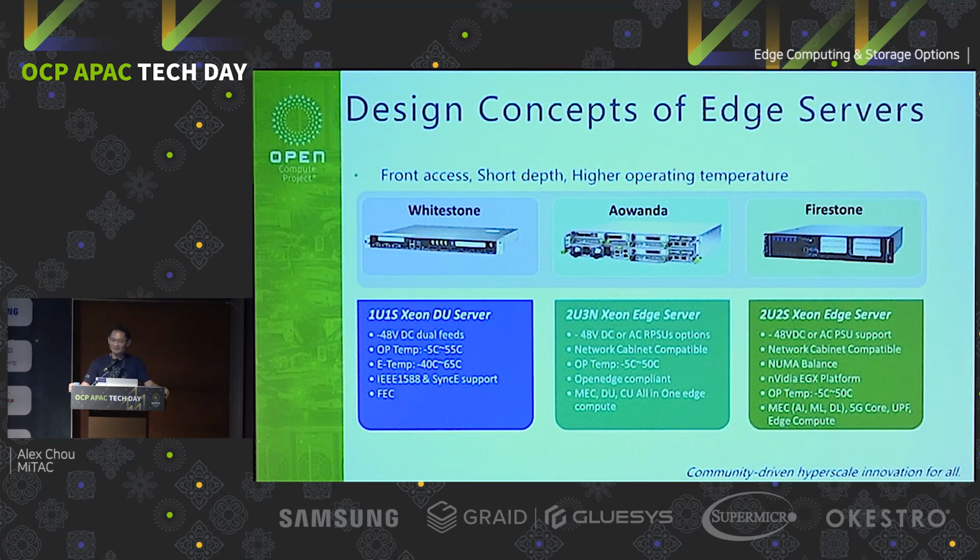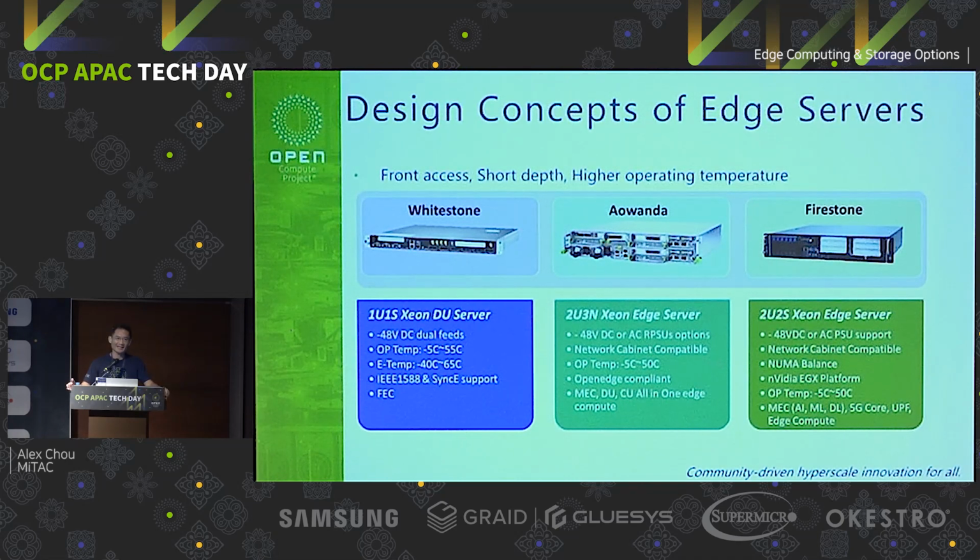The second is that the depth is shorter. From your left-hand side to right-hand side, the DU server is 380 millimeters deep, the one in the middle, OpenEdge, is 430, and the 2U 2-socket is 450. So they are short depths.